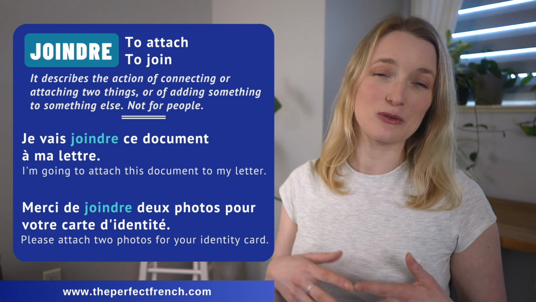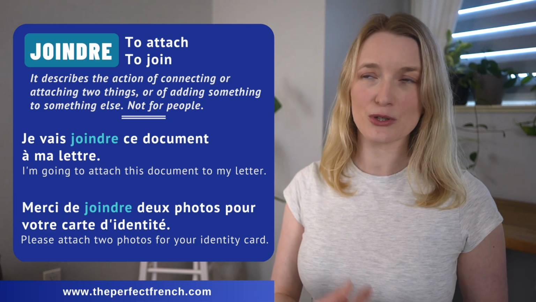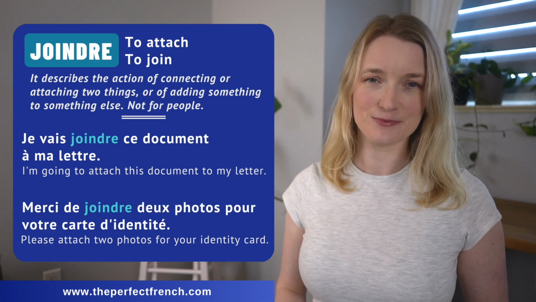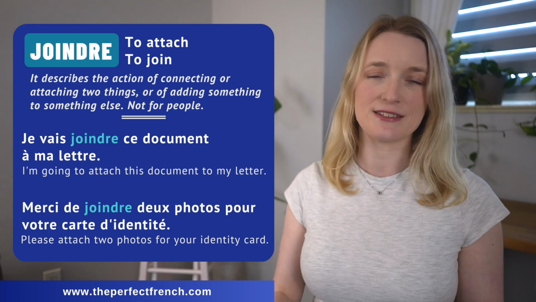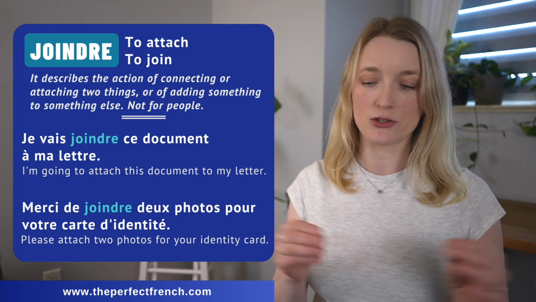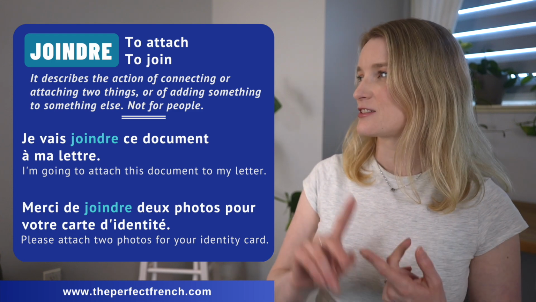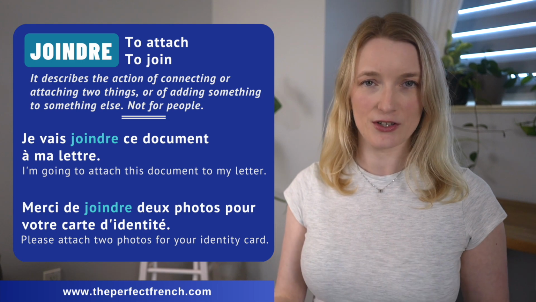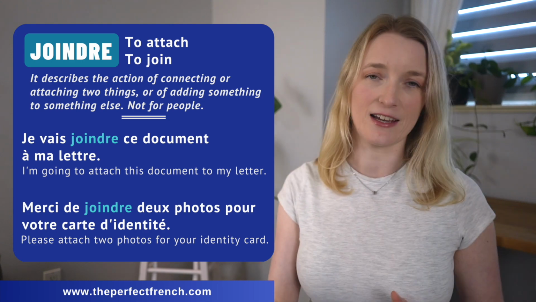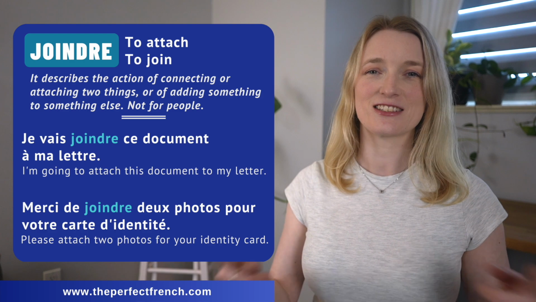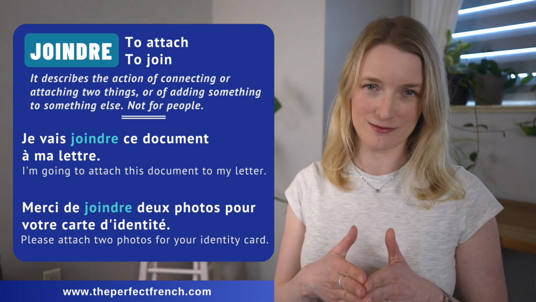Merci de joindre 2 photos pour votre carte d'identité. So here, in both examples, we can see that we attach, we join two things together. So we have the document and the letter, the pictures and the ID. Just attach them. Okay, joindre.